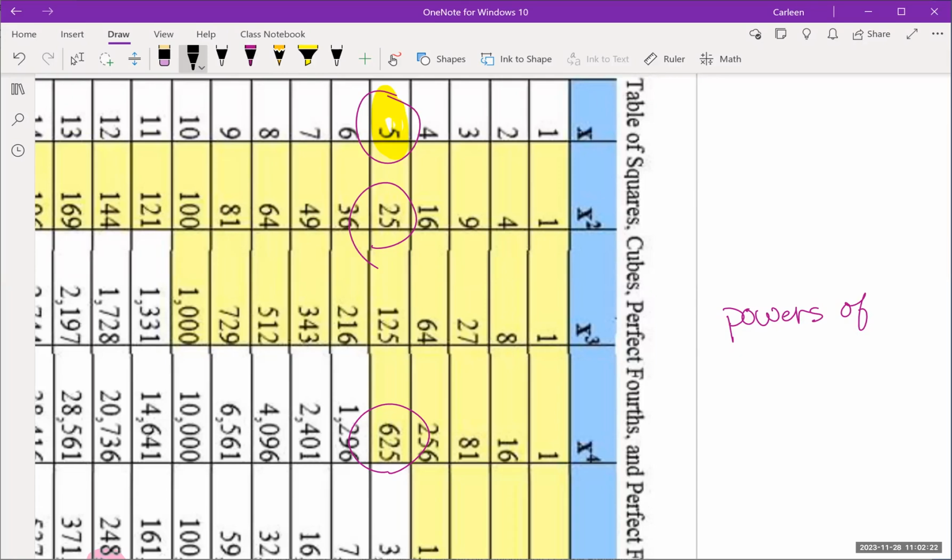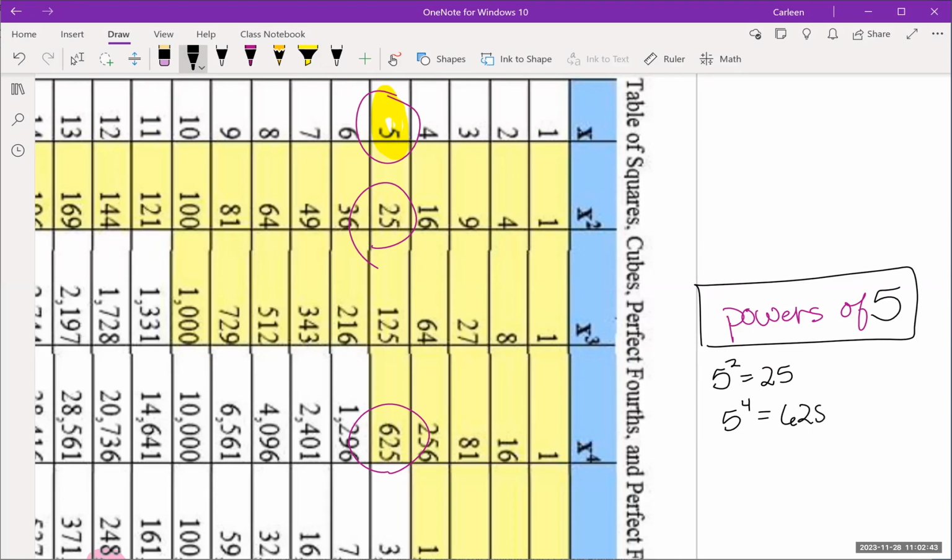Powers. They are both powers of 5. Does that make sense? That 25 and 625 are powers of 5. And yes, an exponent is involved. 5 squared is 25. 5 to the 4th is 625. 5 to the power of 2 is 25. 5 to the power of 4 is 625.